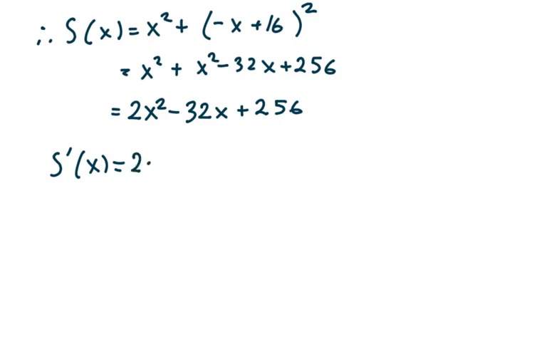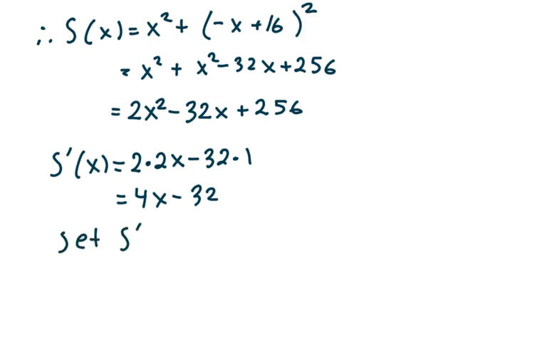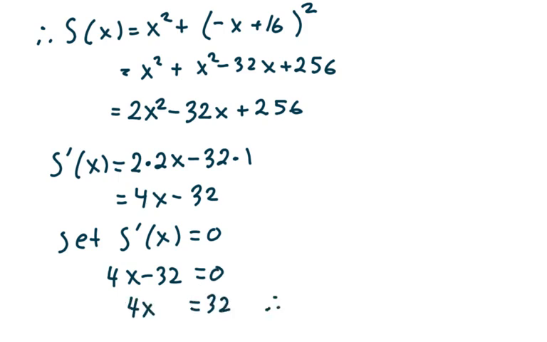So I'm going to get 2 times 2x minus 32 times 1, and that's 4x minus 32. So I'm going to set the derivative equal to 0. So that says 4x minus 32 equals 0. So 4x equals 32. And when I solve, I get x equals 8.